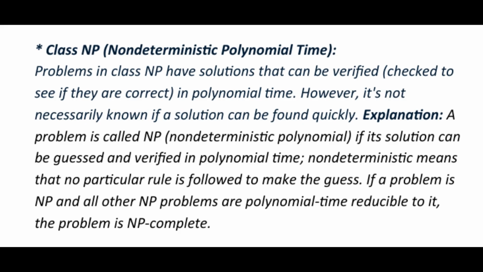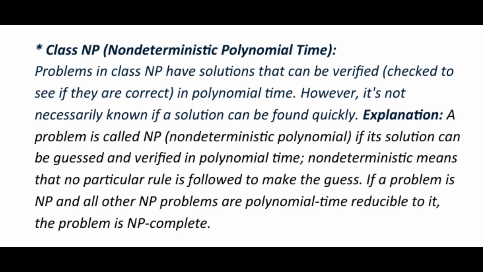Class NP, non-deterministic polynomial time. Problems in class NP have solutions that can be verified or checked to see if they are correct in polynomial time. However, it's not necessarily known if a solution can be found quickly.